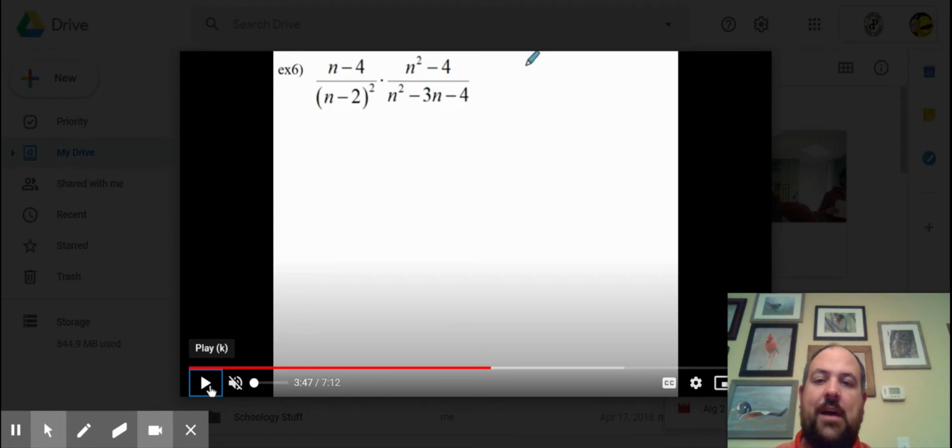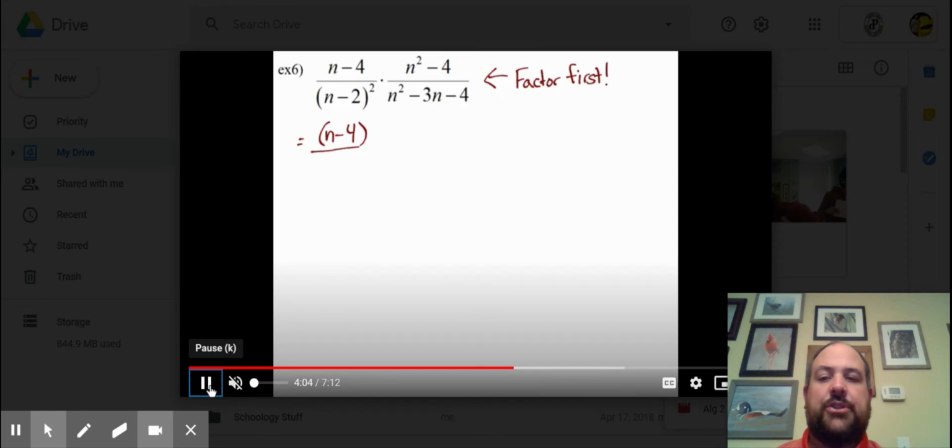All right, so now we're going to look at what you should have factored. Again, you should factor this first. We're going to leave the first fraction as n minus 4 in the numerator, and I'm going to take the n minus 2 squared and rewrite that as (n minus 2) times (n minus 2).